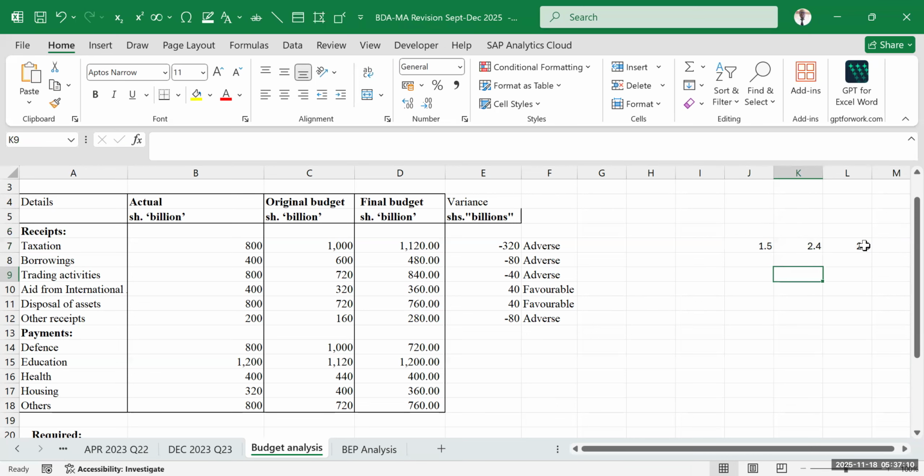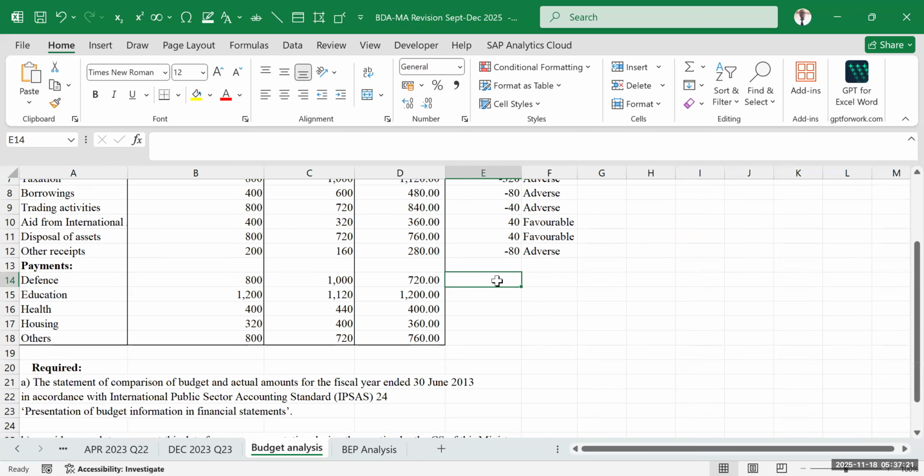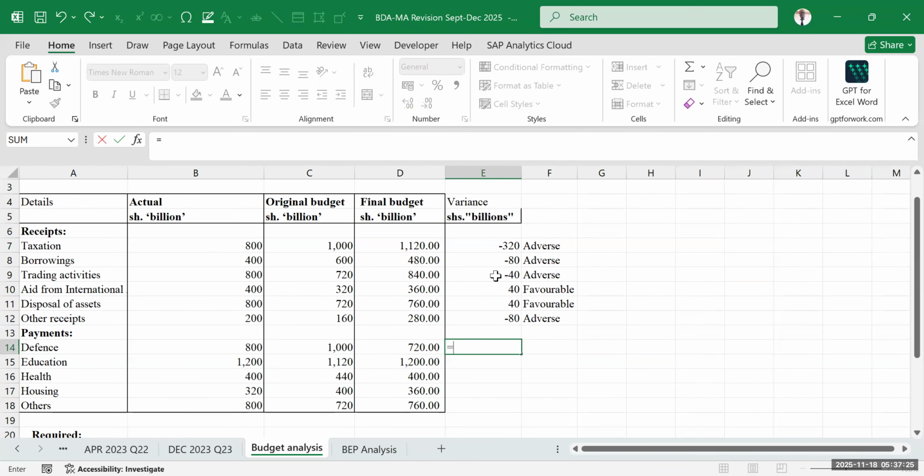And I can see members there responding by saying that is adverse. And I believe we understand that argument. So let's put it down here, members. All right, so I will come here and say, now the reverse is true. We are comparing the budget, which is the final budget, with the actual amount spent.